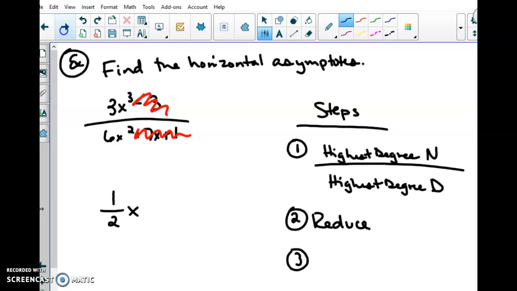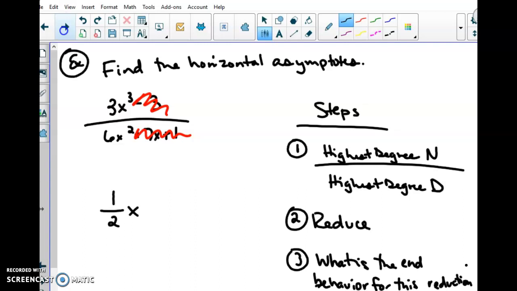Okay, so step 3 is what is the end behavior for this reduction?